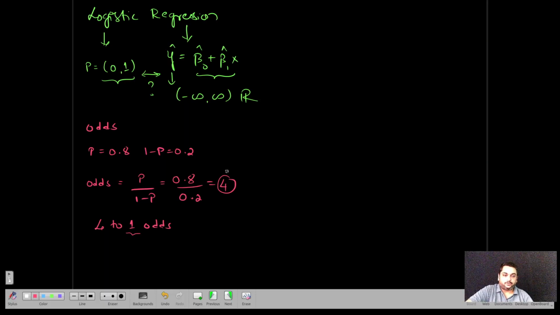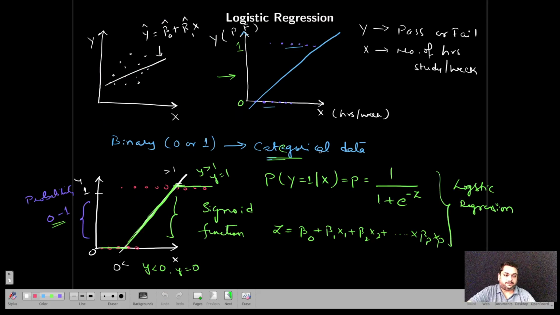Now, I have converted the probability into a positive number greater than 1. So the interval is now not in 0 to 1 anymore. Now, what is odds? Odds is given as p by 1 minus p. This is equal to the previous equation you have seen, p equal to 1 by 1 plus e to the minus z. You already know it.